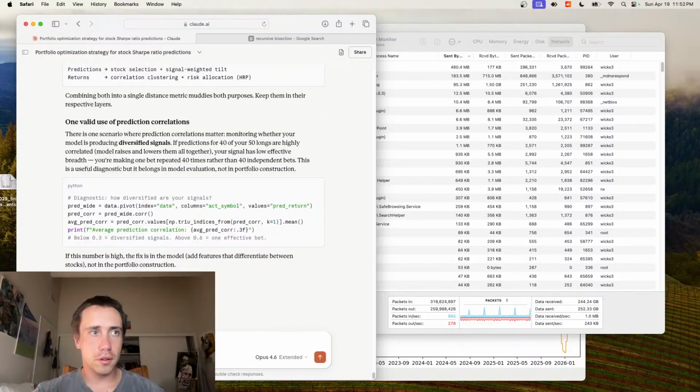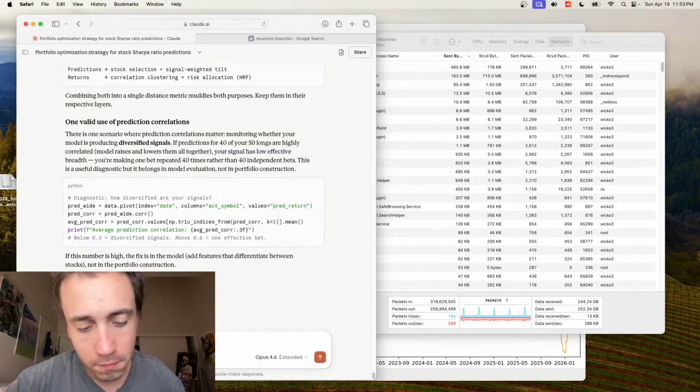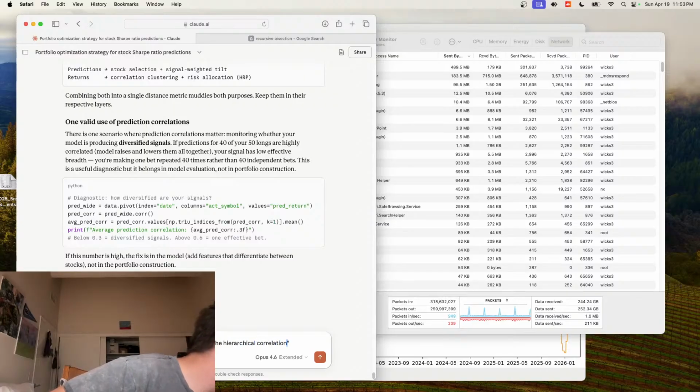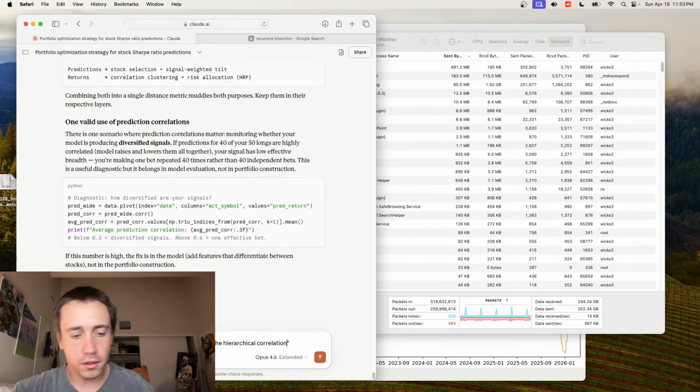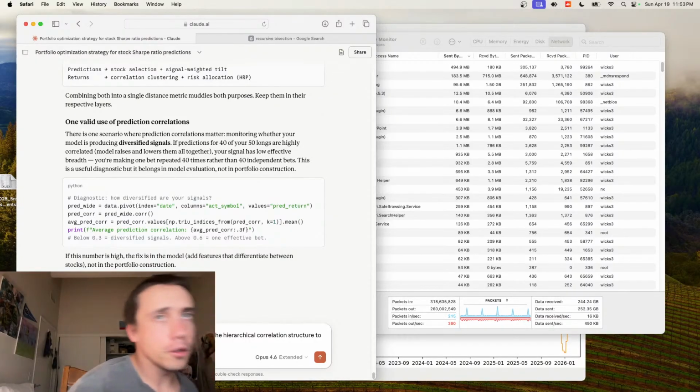Step 2 of implementing hierarchical risk parity involves, quote, use the hierarchical correlation structure to quasi-diagonalize the covariance matrix.